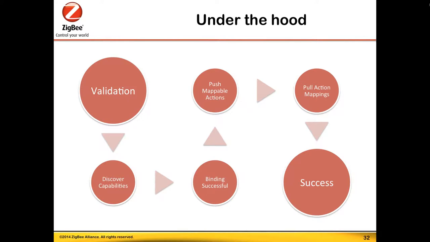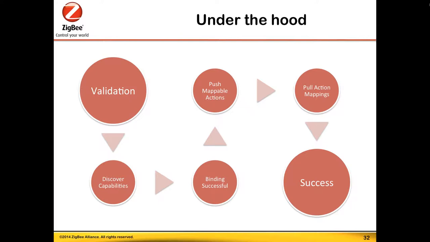So if you look at the out-of-the-box experience as an example, during the validation phase that Joseph already talked about, there's a capabilities discovery step, which is necessary. Obviously, the two sides first need to get to know each other's capabilities.